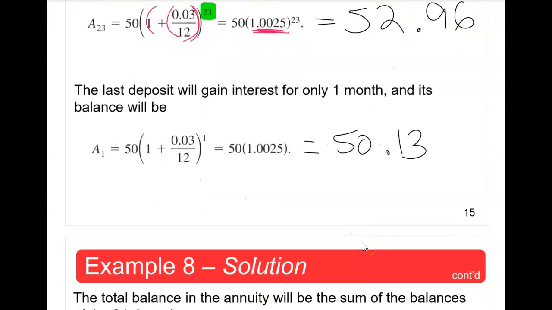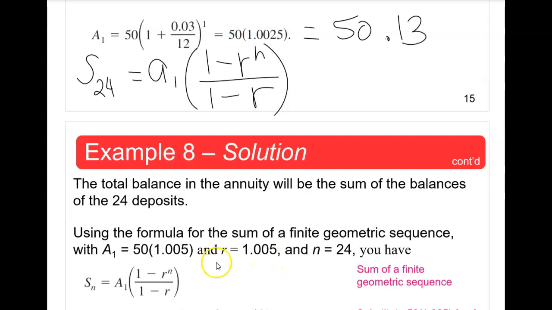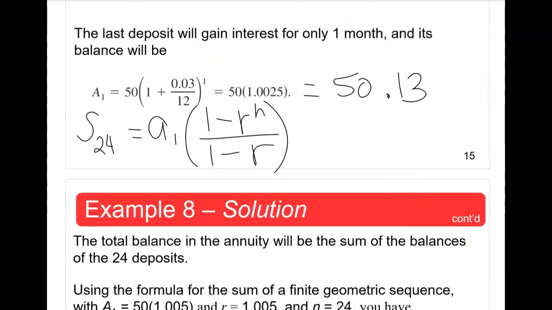So let's redo this. So we're going to find the sum of the 24 terms of the geometric sequence. And so for that, we need a sub 1 times 1 minus r to the power n divided by 1 minus r. And so for that formula that we also see here, we already know that a sub 1 is coming from here. That's what we're going to substitute it with.